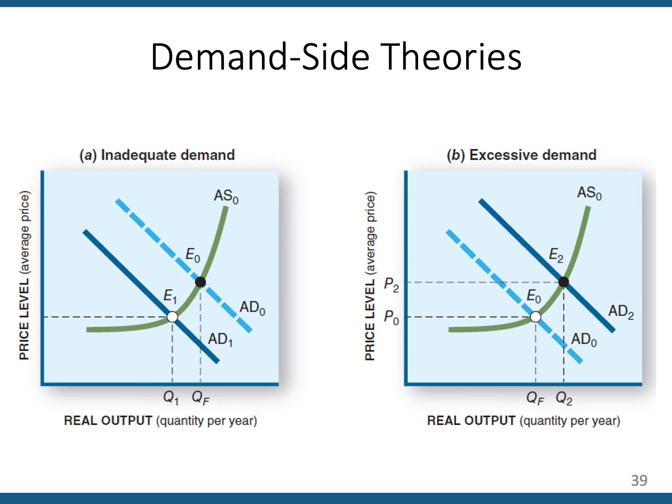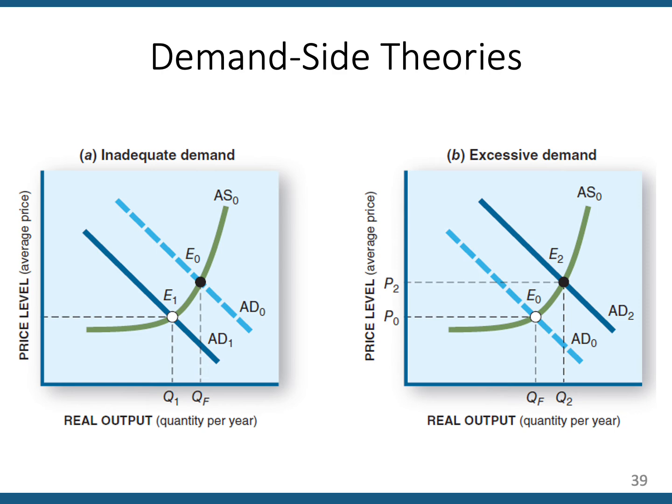And here is showing you graphically. The graph on the left, imagine that we started at point capital E sub 0. That's the original equilibrium point. Now follow that down to the x-axis. You can see Q sub F. You know that Q sub F stands for full employment level of output. So that's GDP at 4% unemployment rate.